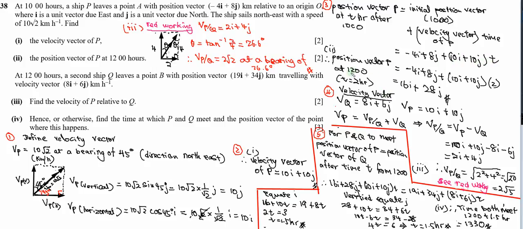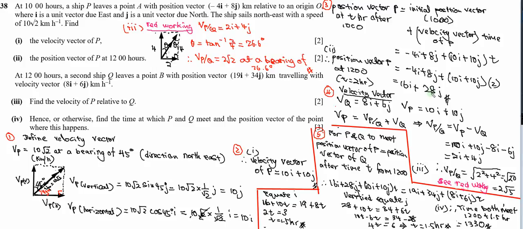At 12 noon, which is 2 hours after 10, you change t to 2, and simplified you get 16i plus 28j. So this will be the position vector of P at 12:00.